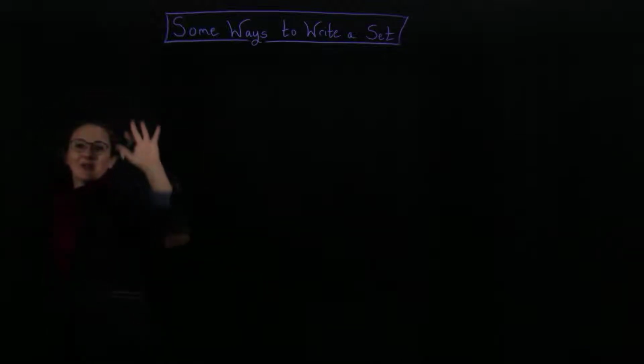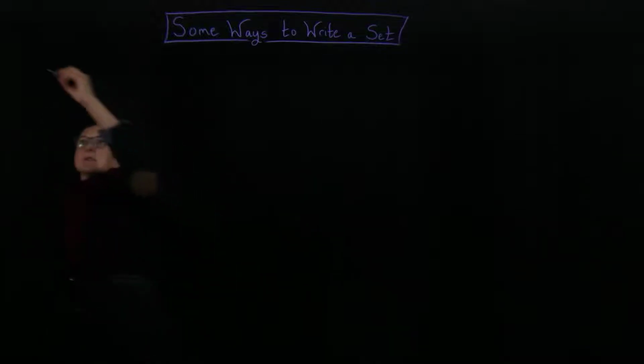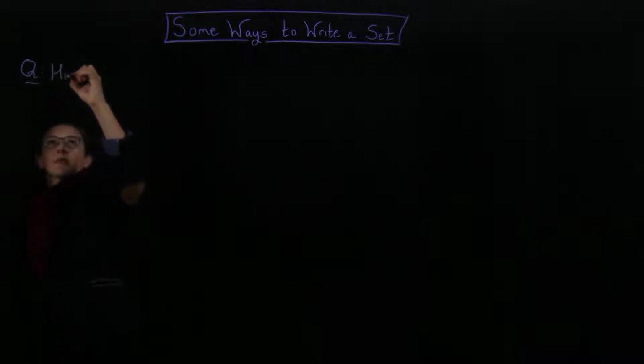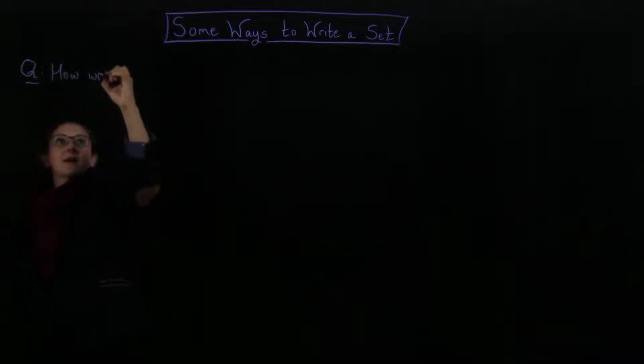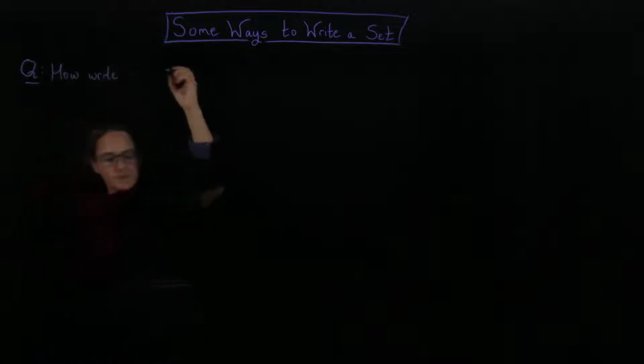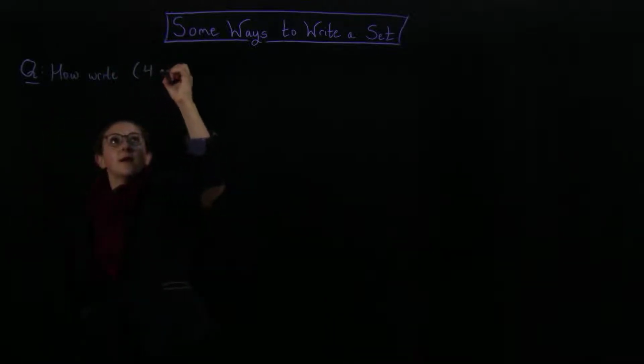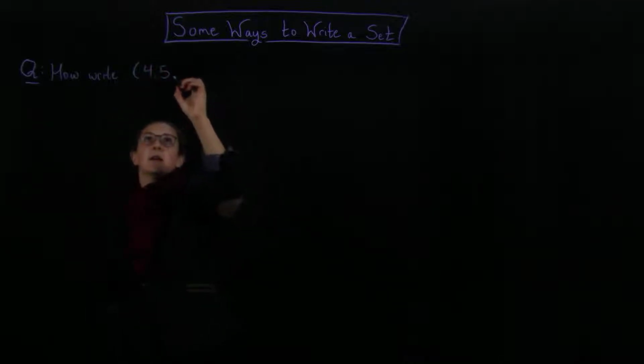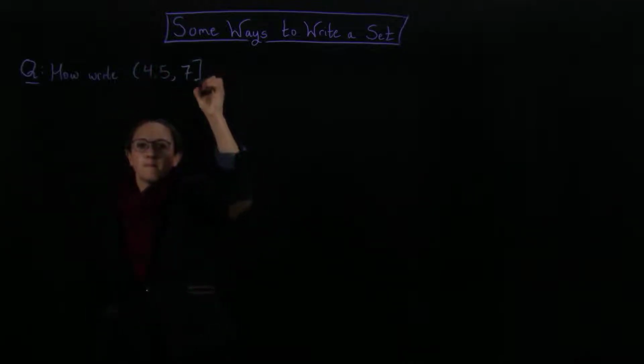We'll start out by looking at a particular example. The question is, how do we write this interval? We have 4.5, and this side is curved and open, and then we have 7, like this.